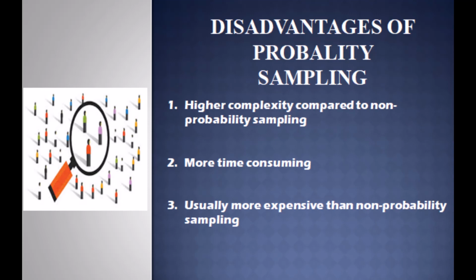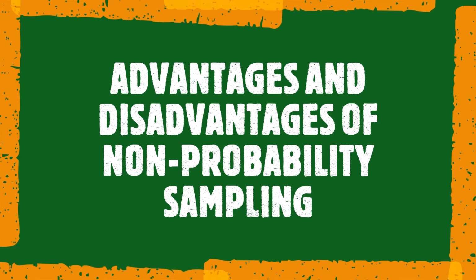Number two, it is more time consuming because the process has to be taken through a very careful and systematic process that will take time as compared to non-probability sampling. The third one is that it is usually more expensive than the non-probability sampling. So those are some of the disadvantages of probability sampling.